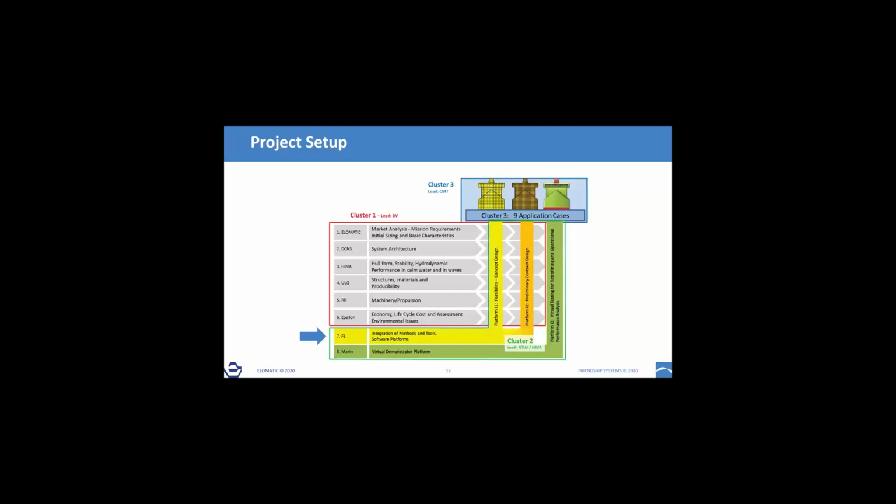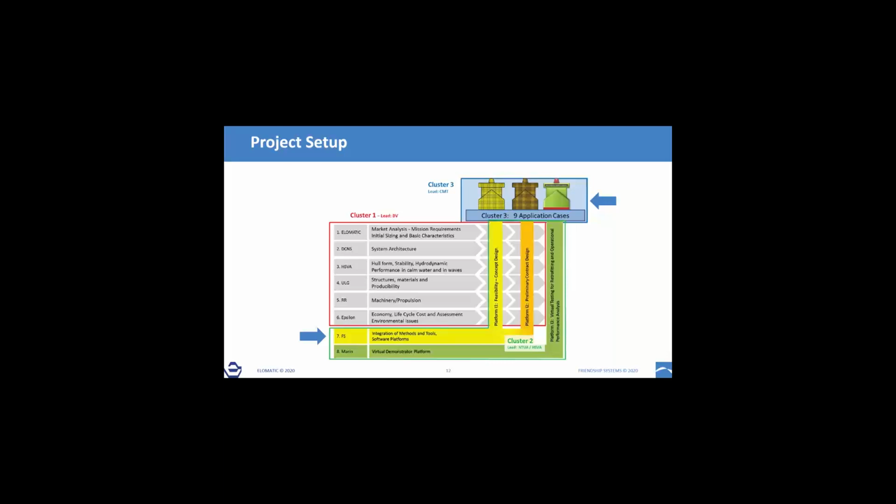So we were the work package leaders for work package 7, and CAESES was the integration platform that was used here. And then finally, there were 9 work packages that dealt with different application cases that used these different tools and integration methods and applied them to specific design problems.